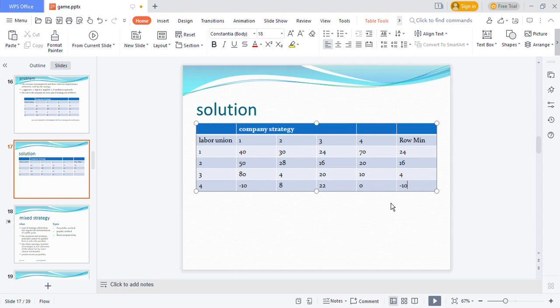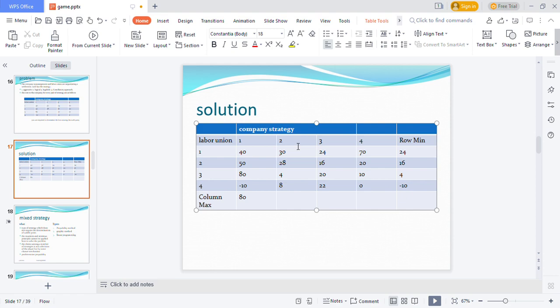After getting the minimum value, we move to the column maximum. So how do we get the column maximum? We identify the maximum payoffs. For company strategy 1, we have 40, 50, 80 and 10. 80 is the maximum value.